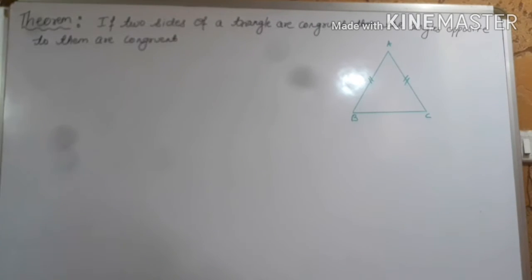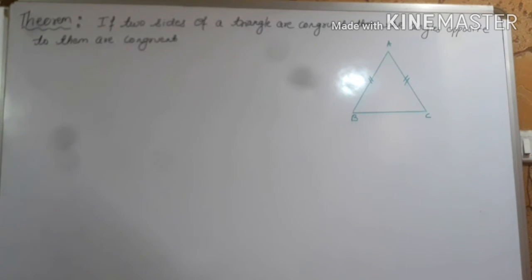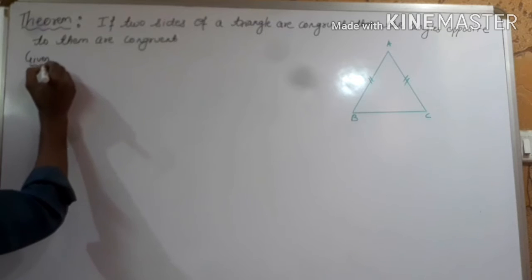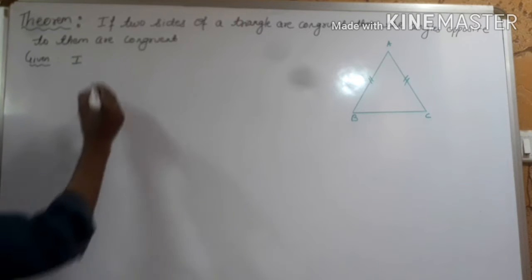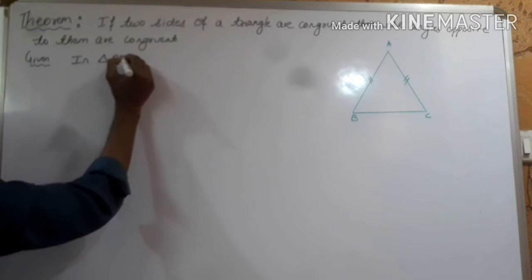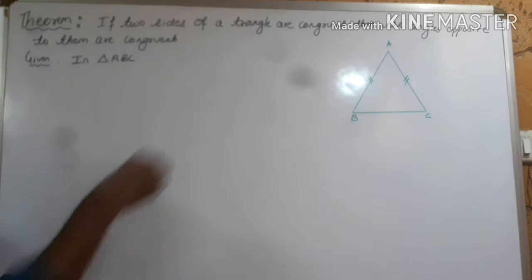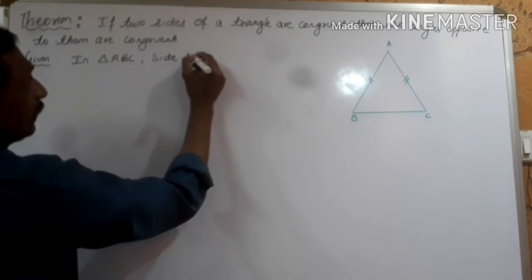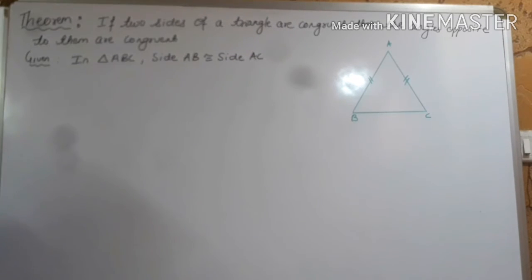Now we will start with the given one by one. Given in triangle ABC, what is given to me? Side AB congruent to side AC.